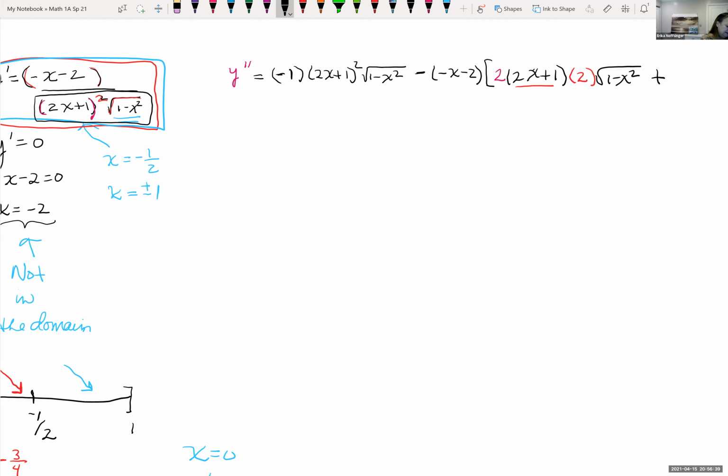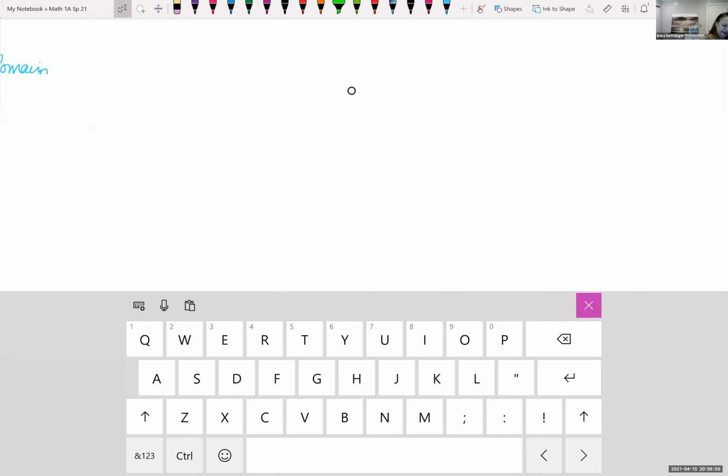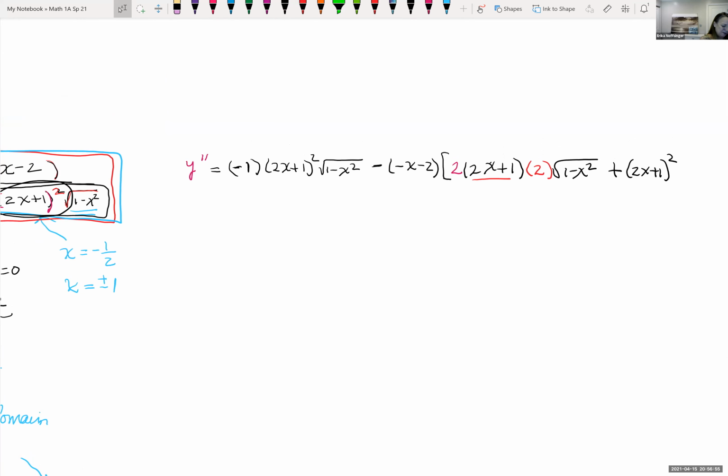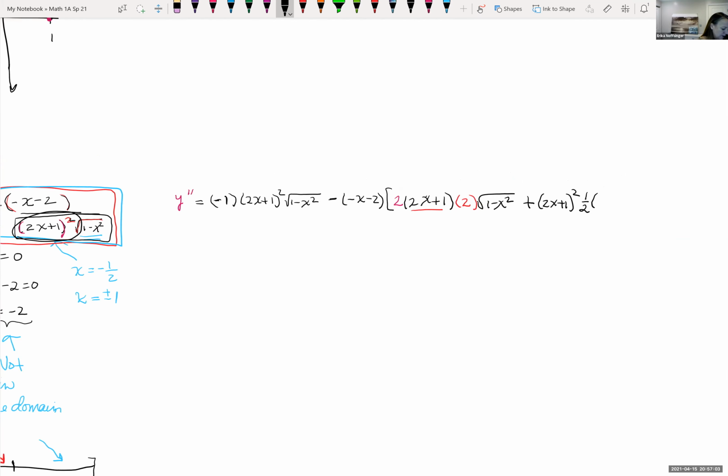Plus, so the first piece in the denominator, this 2x plus 1 quantity squared, and the derivative of the second piece, I'm going to use the chain rule. So bring our 1/2 down. Yuck. The square root of, so of the inside, 1 minus x squared. Subtract 1 from our power, so negative 1/2, times the derivative of the inside, which is negative 2x.